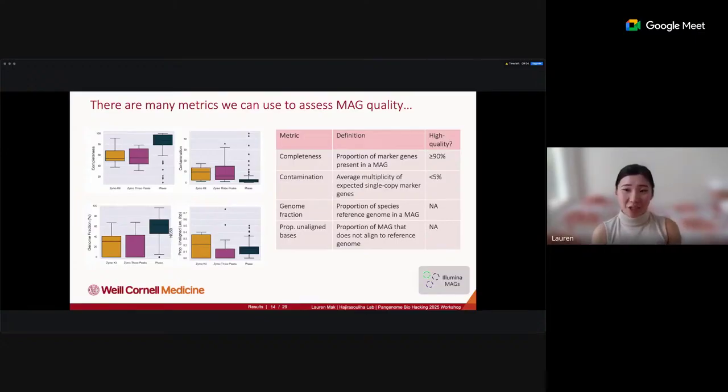Completeness and contamination are proxies for genome fraction and the proportion of unaligned bases. Genome fraction is the proportion of a species reference genome in a MAG, and the proportion of unaligned bases is the proportion of the MAG that doesn't align to that reference genome. Why this is important is because sometimes we'll be working with a MAG that has never been seen before, and this happens a lot.